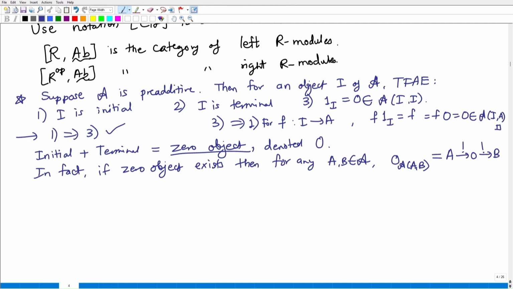From A to 0 you will always have a unique map, 0 is terminal, and from 0 to B you will always have a unique map, 0 is initial. So this composition is actually the 0 in that Hom set. Any questions?